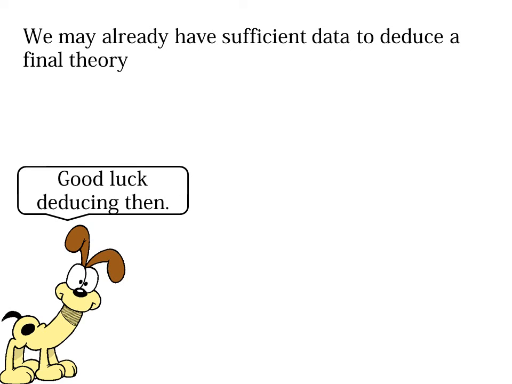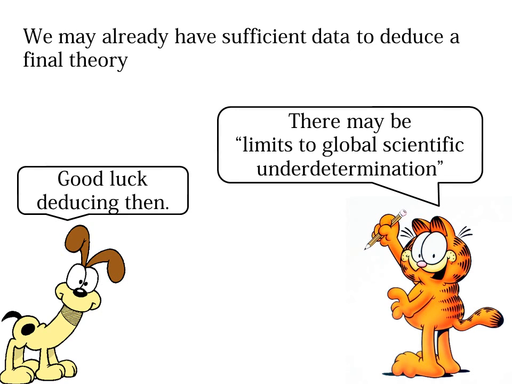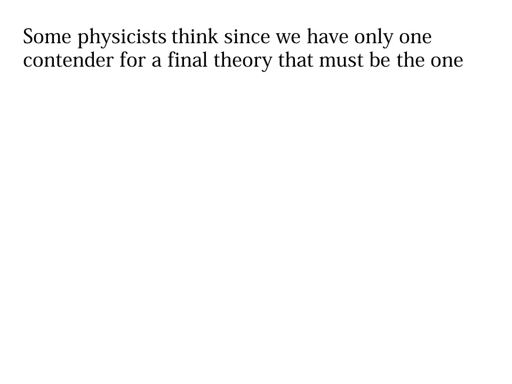The physicist says, well, you're far from proving anything like that, and making such a proof, what do I care? The philosopher says, that's interesting, because if true, it means string theory tells us that there are limits to global scientific underdetermination. Since it may be possible that there is indeed only one theory that can consistently explain all our present observations, some people think that if we find one theory, that must be the one.